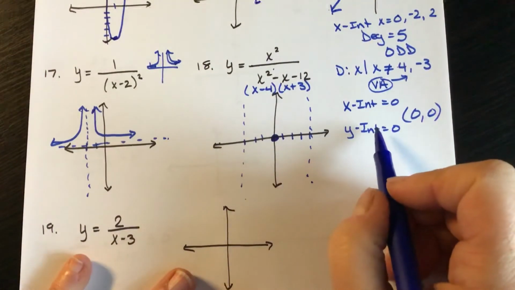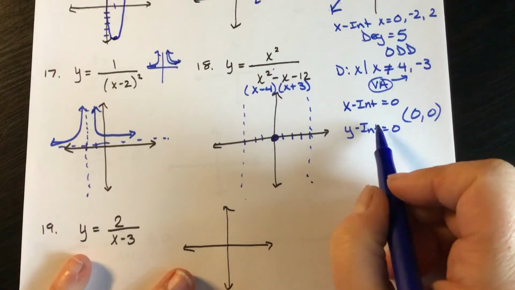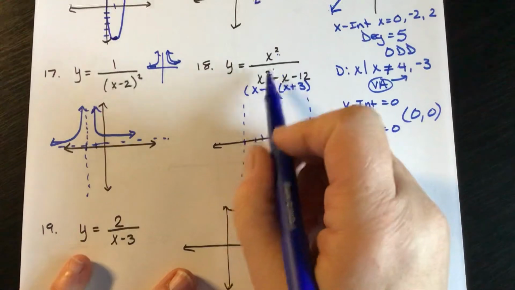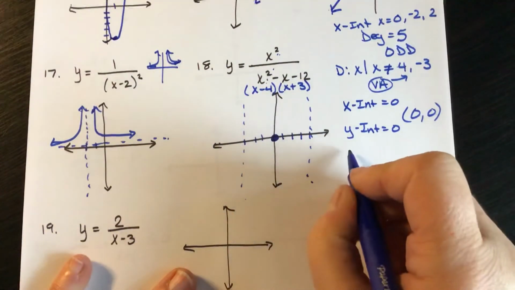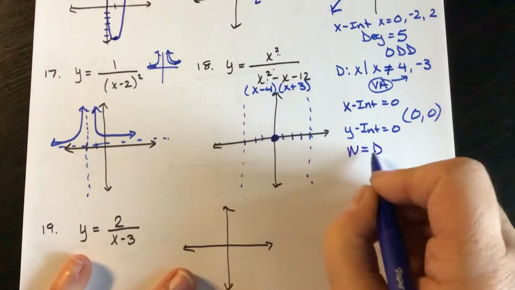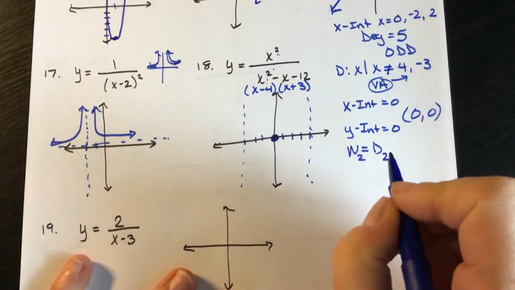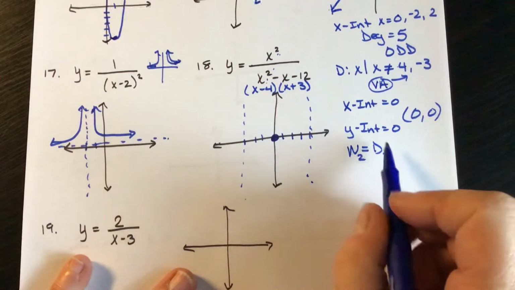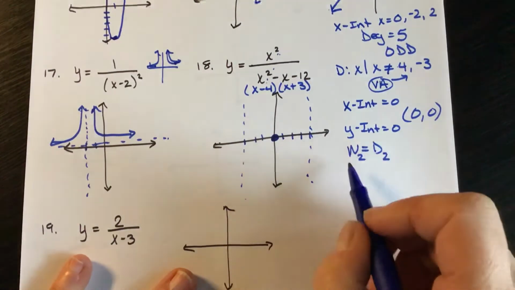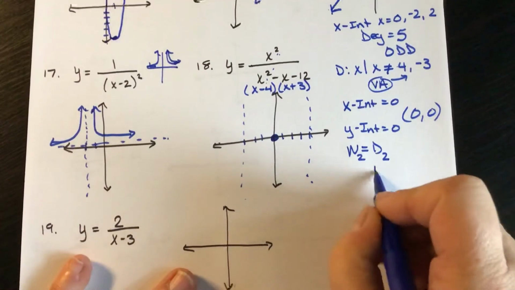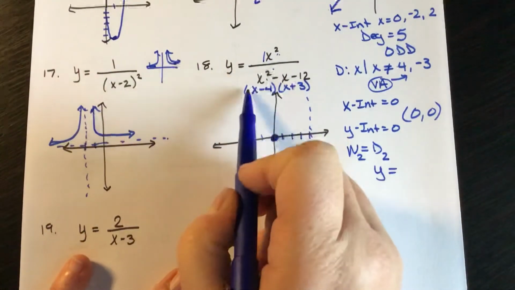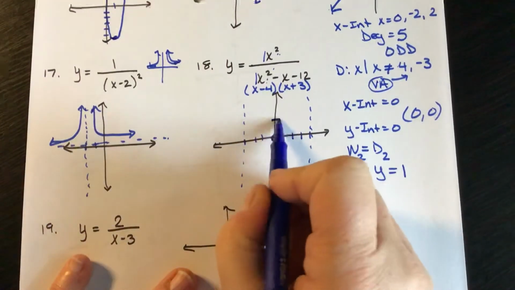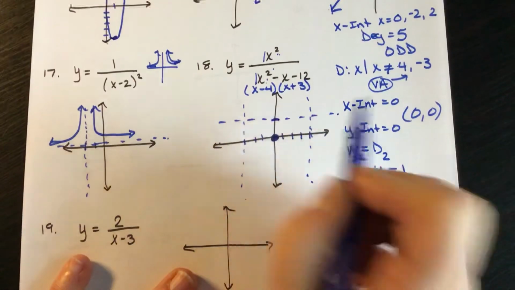Now I want to look for horizontal or slant asymptotes. Because the degree in the numerator and the denominator are equal, they both are degree of 2, I'm going to have a horizontal asymptote wherever the coefficients are. So at y equals, both of these are 1. So at y equals 1, I have a horizontal asymptote here.